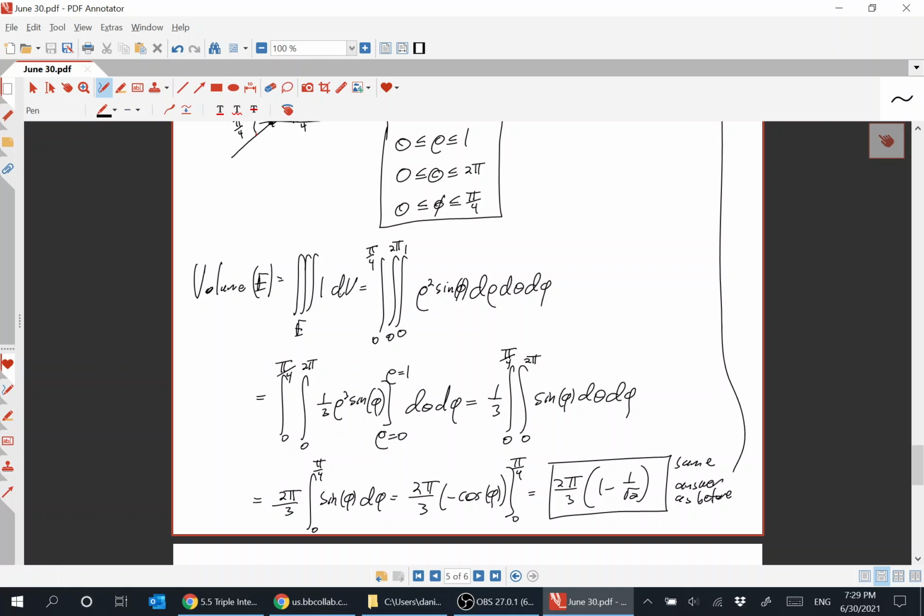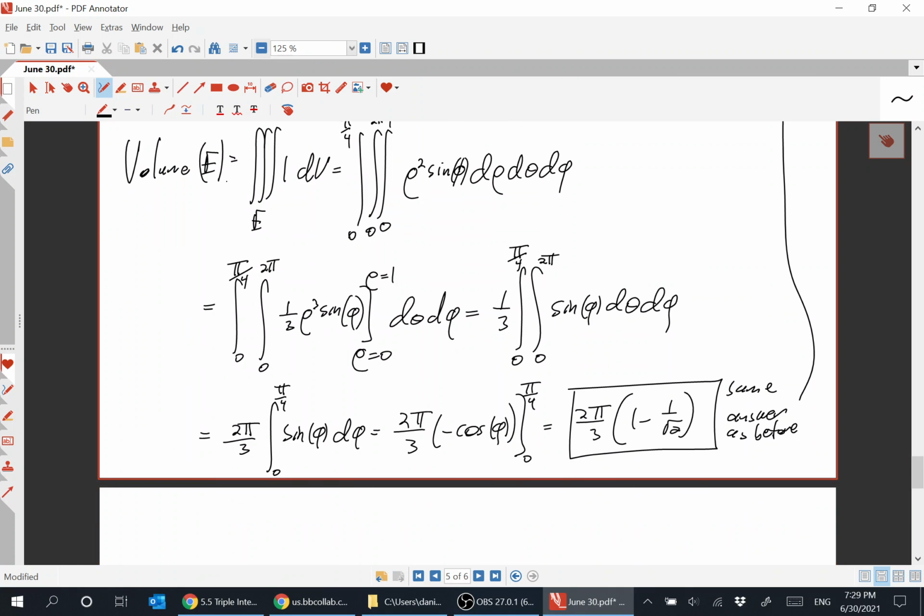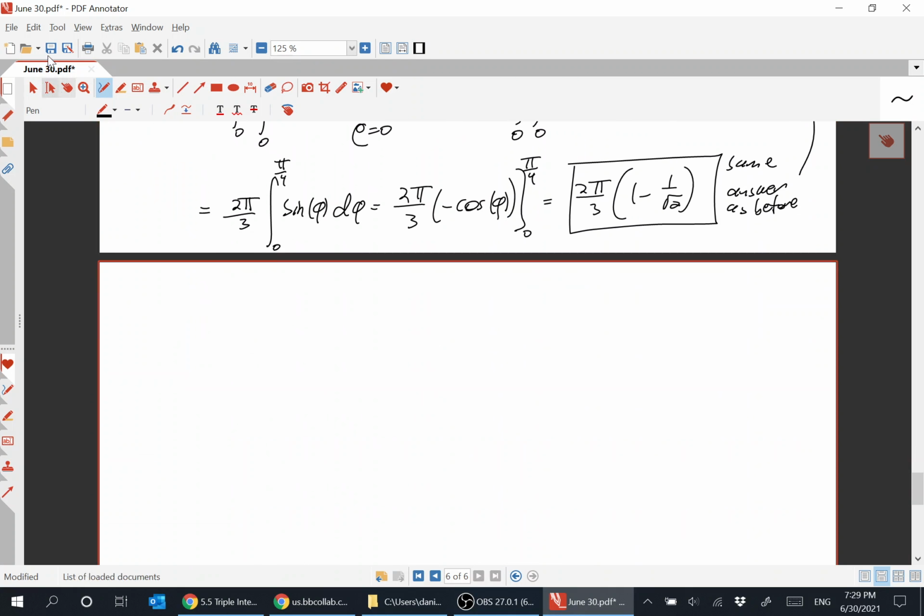Something you can't do in spherical, but you could do in cylindrical. So depending on what the function is, one might be preferable to the other. But if you could do both, then it gives you a check on the calculation. All right, so that was 262, 270.